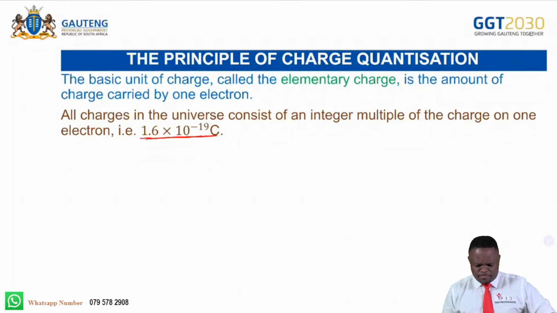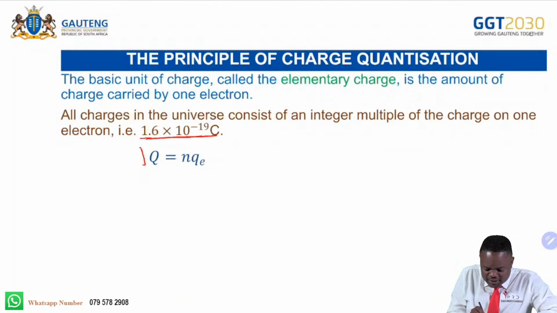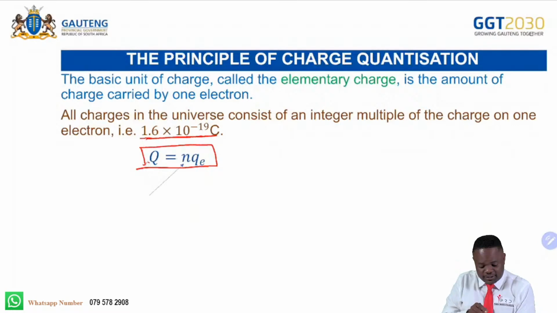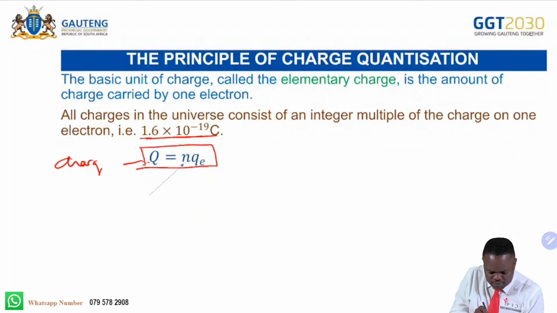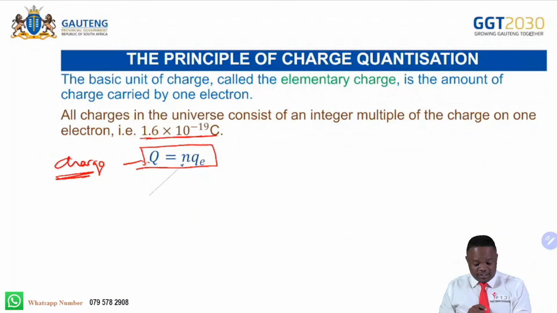So now, suppose you are given a certain value of charge. What does that mean? Remember, we represent our charge by using Q. By looking at the principle of charge quantization, we're saying that if an object has a certain amount of charge, that charge translates to a certain number of electrons, which we call N. That is an integer, or a whole number, of electrons.